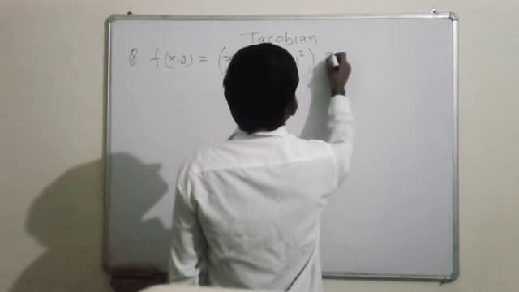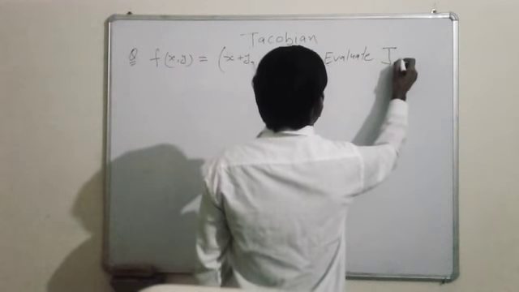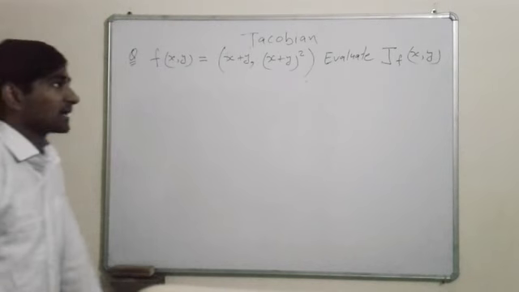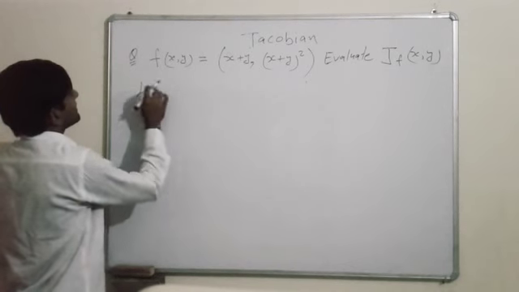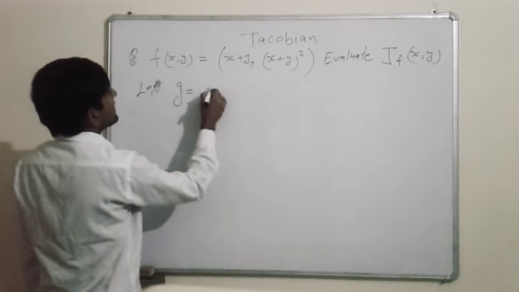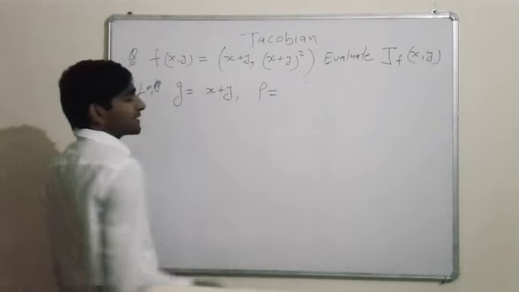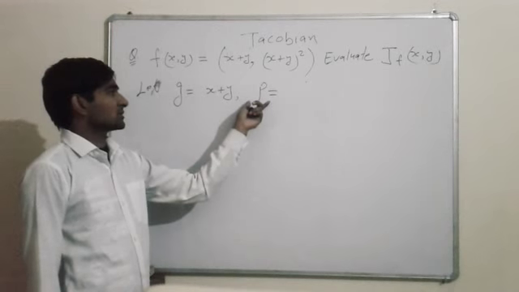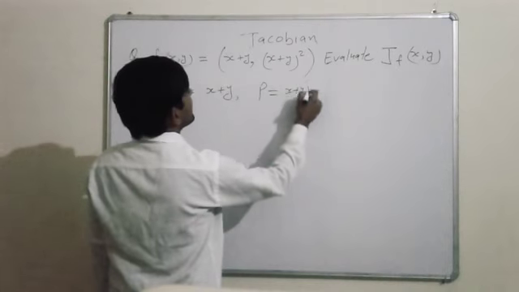Evaluate J of f x y. Let our g function be x plus y, and this is the p function. We can take any name, so we take only p. This is x plus y whole square.